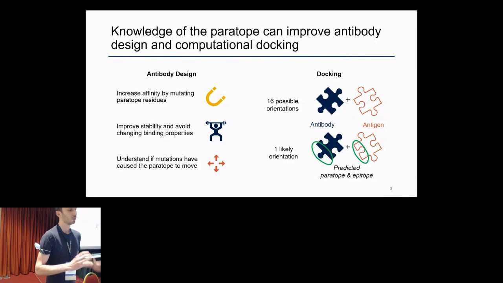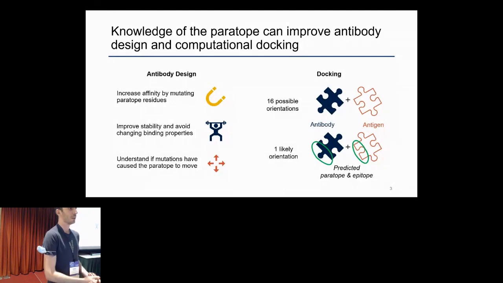However, if we want to change other properties of the antibody without affecting the binding, such as to improve stability, then we might want to leave the paratope alone. And if we're making a load of mutations, then maybe we want to know if all of these mutations have caused the paratope to completely shift, and the binding properties of the antibody are now completely different. So that's one reason.